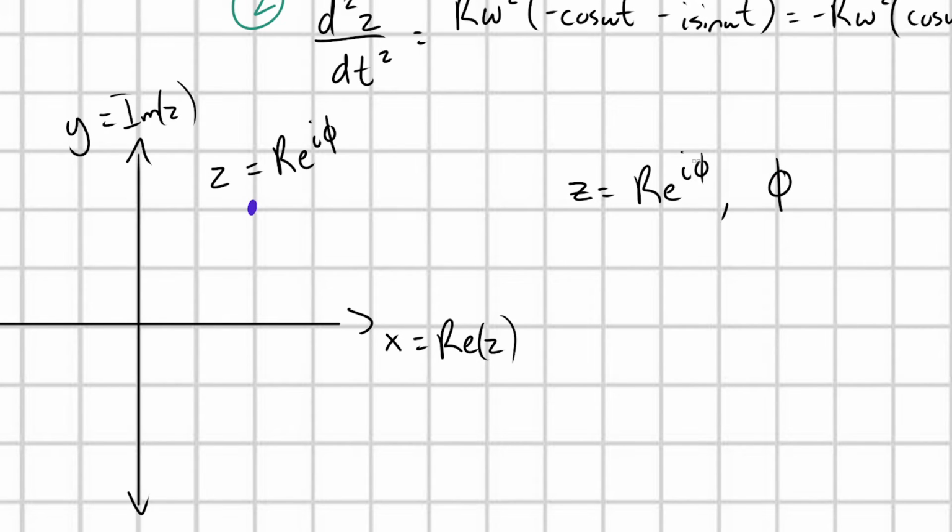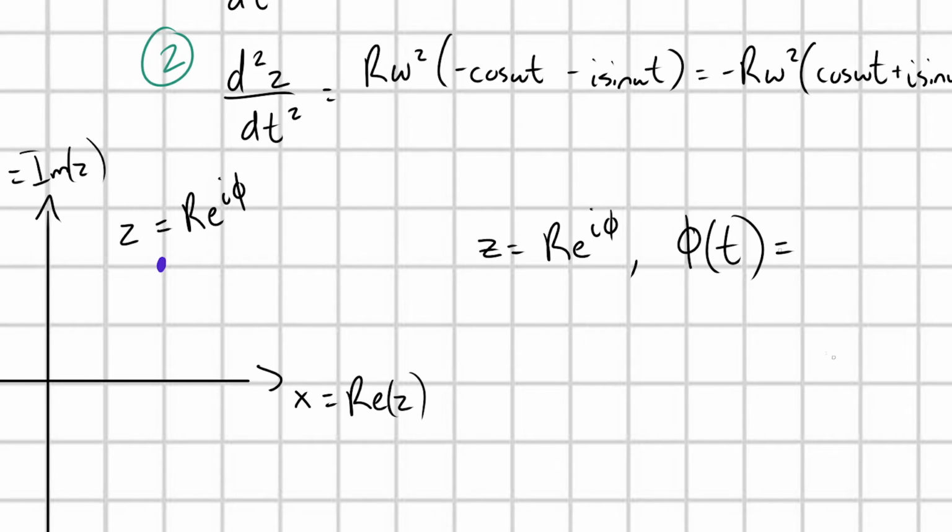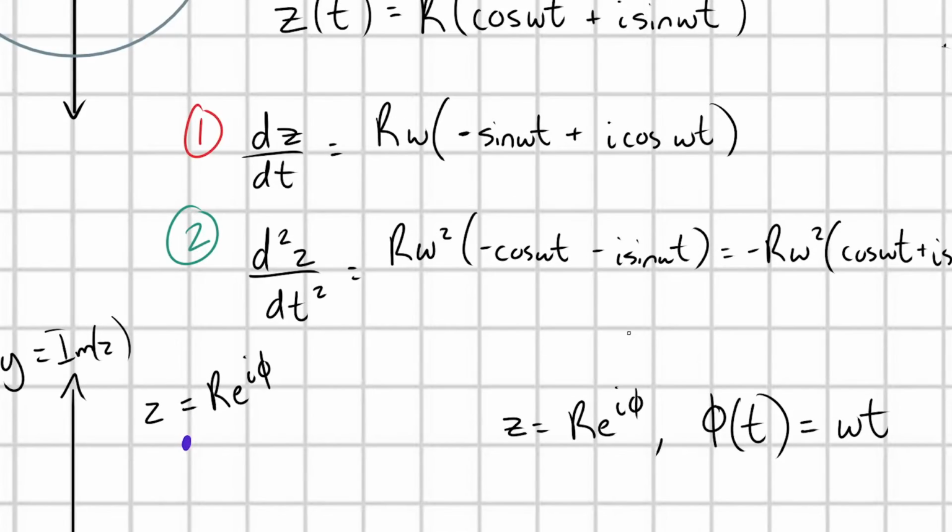So I'm just going to let phi vary with time, and it's going to happen to vary in this way, where I take some constant omega and multiply it by t, and that defines how this variable phi is going to vary with time.